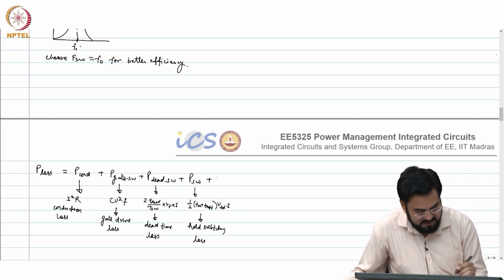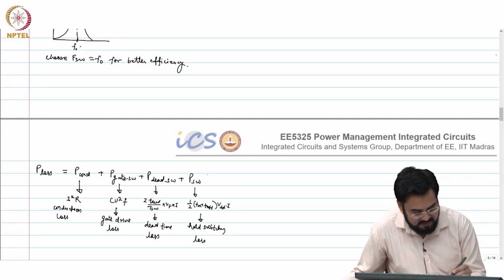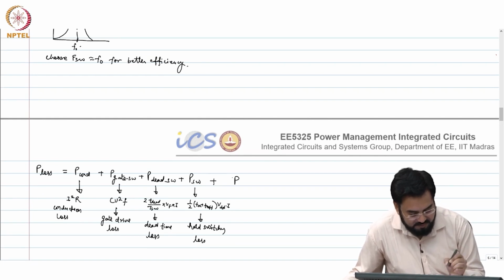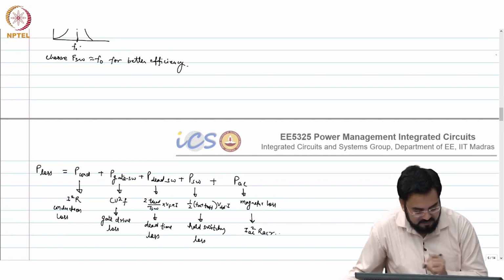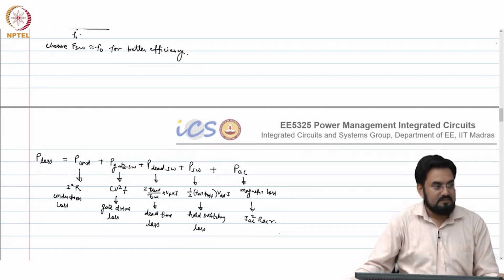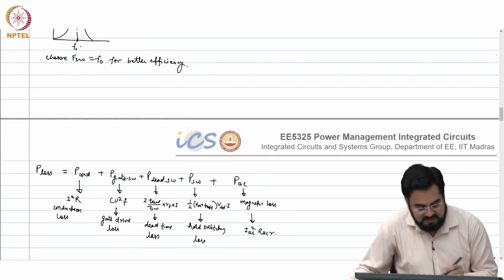Let's move it, create some space. P of AC. And this is your ISC square into RSC. Okay.